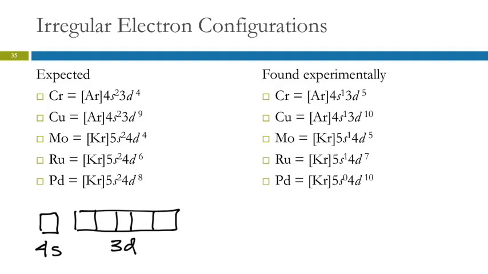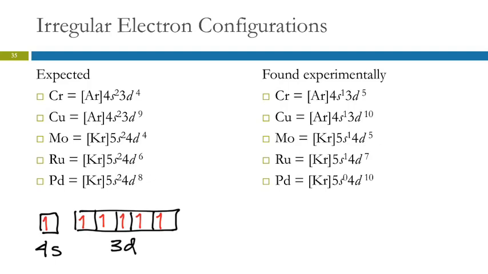Now let's use the bright red. So what we expect is that we put 2 electrons in there, and then we've got 4 more, and we put them in here like this. That's what we expect. That's what's following the pattern. But if this guy moves over here, isn't that beautifully symmetrical?